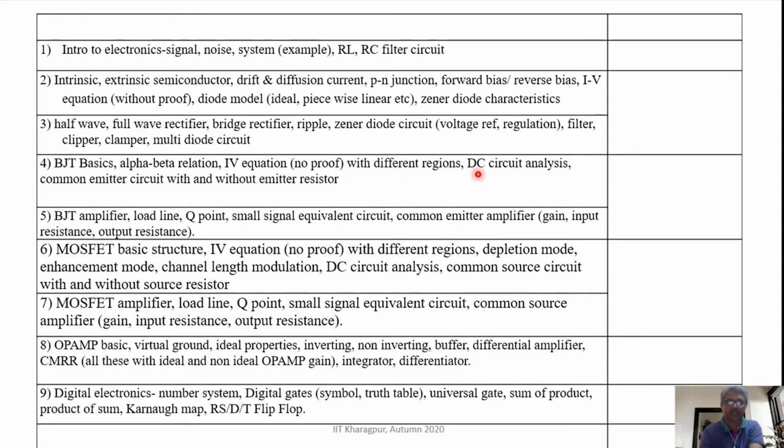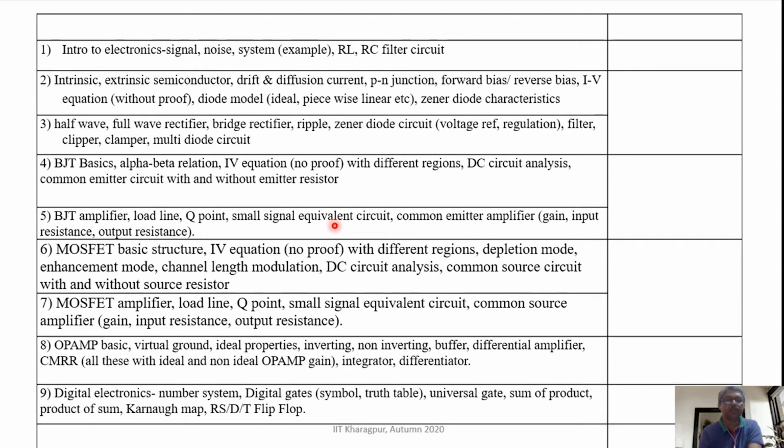We will discuss DC circuit analysis, particularly common base and common emitter configuration, and then we will move to small signal model of BJT, and how this small signal analysis helps in determining its performance as far as the BJT amplifier is concerned. Apart from amplification, BJT can also be used as switch. So we will learn about this performance also here.